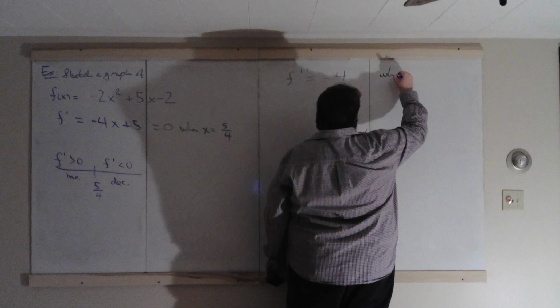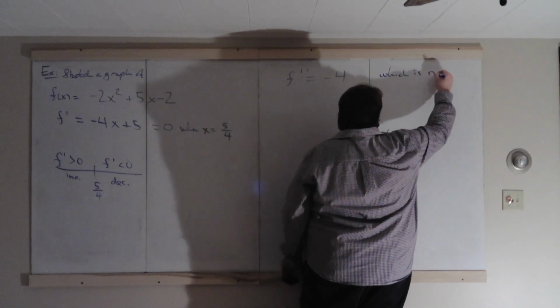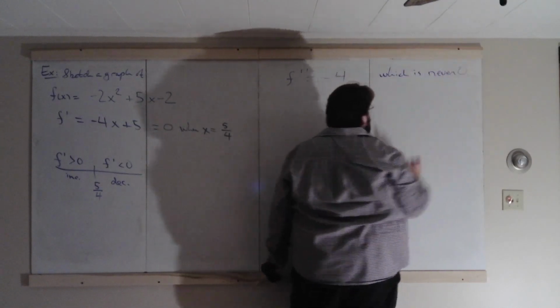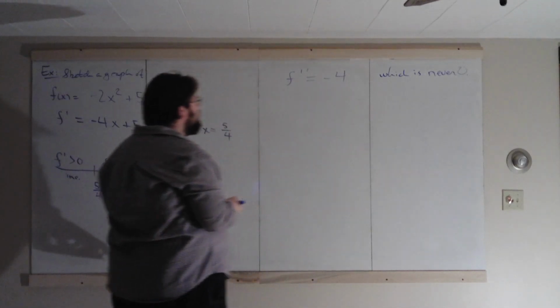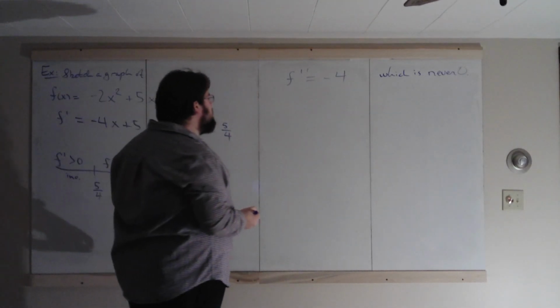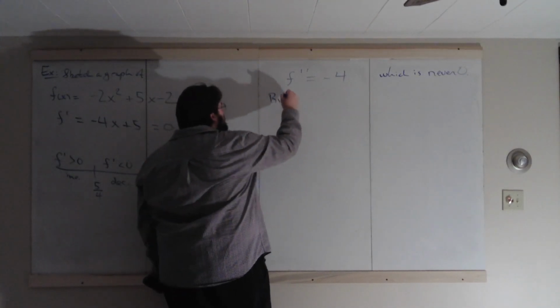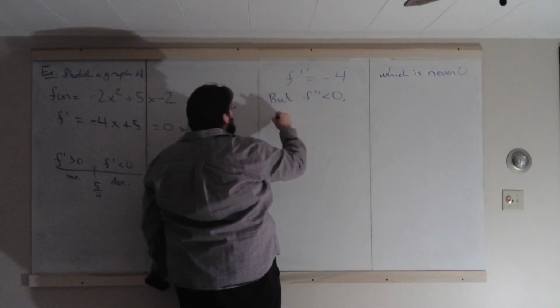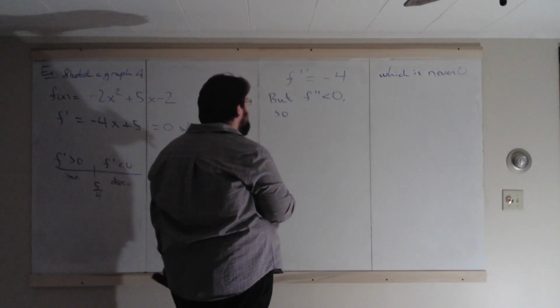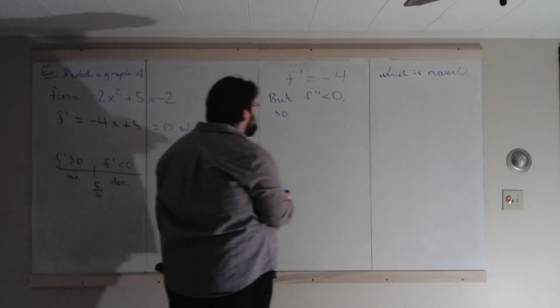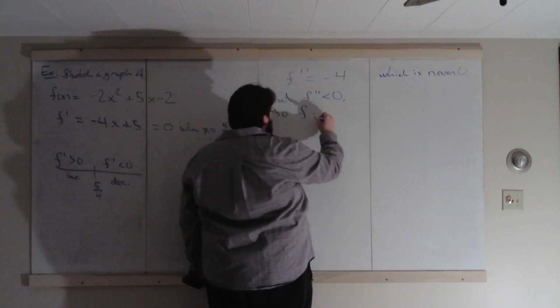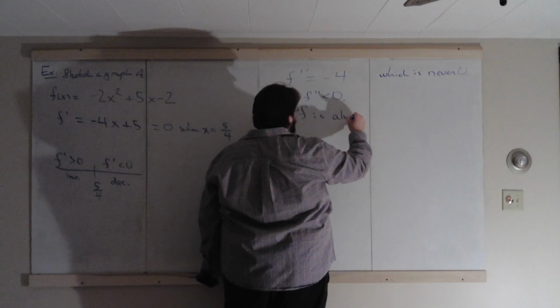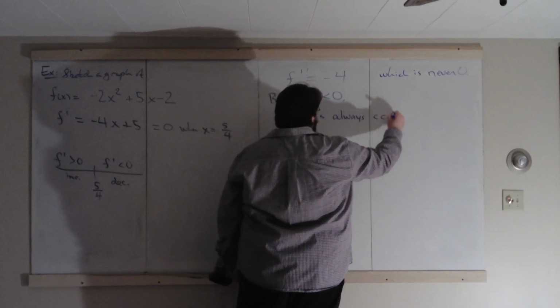But negative 4 is always negative. So f double prime is always negative, so we can apply the second derivative test. So f is always concave down.